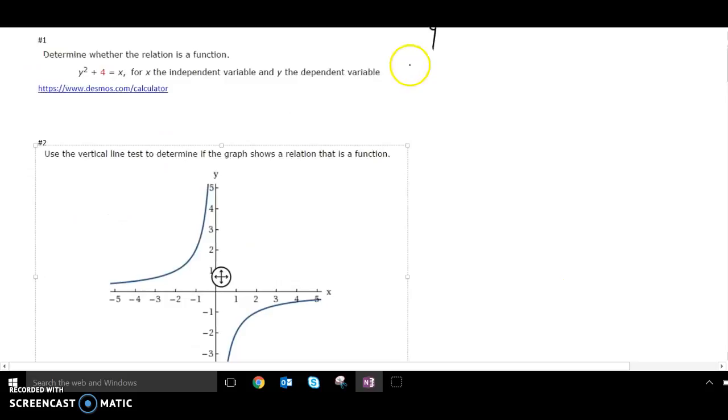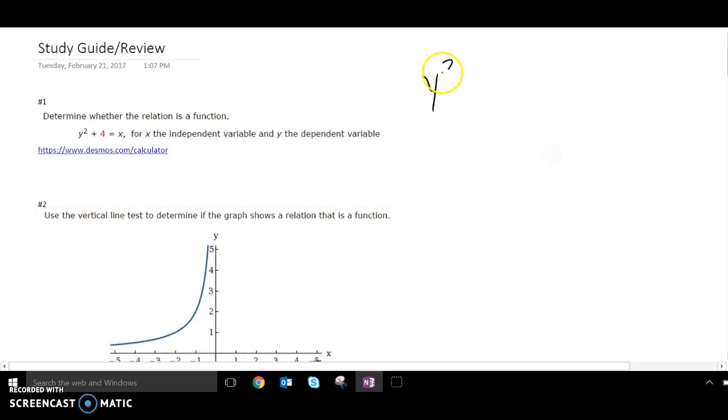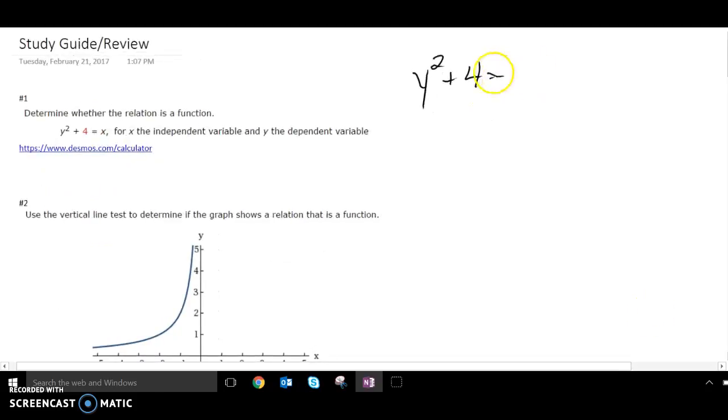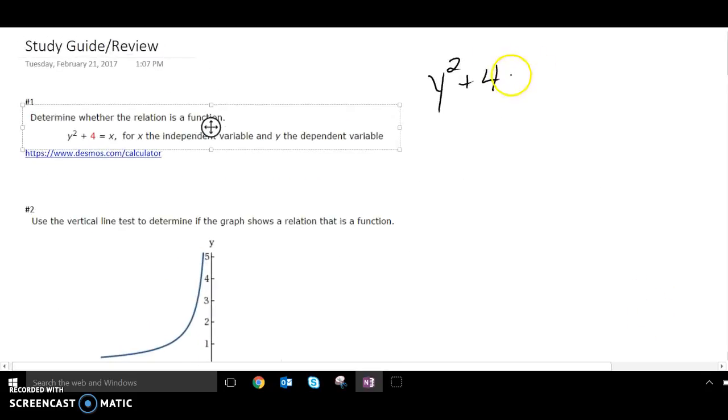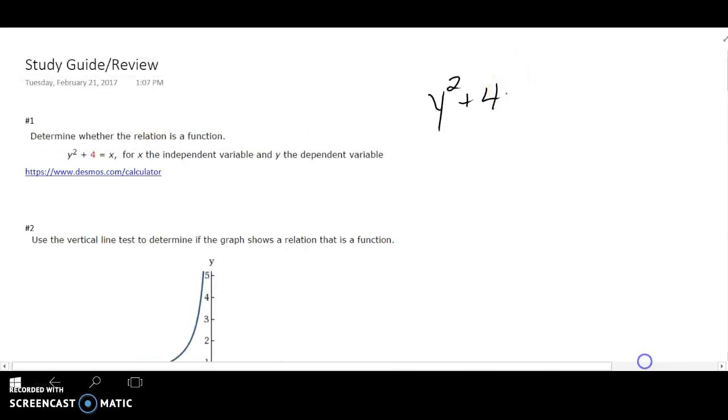So y squared plus 4 equals x. So we've got to move the 4.